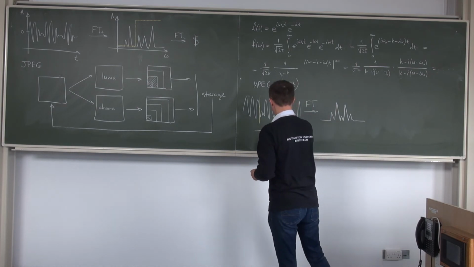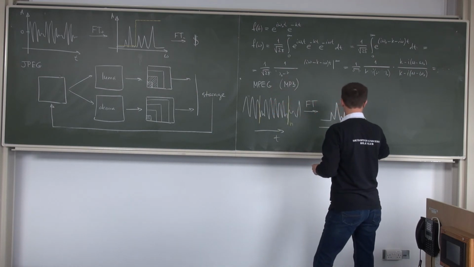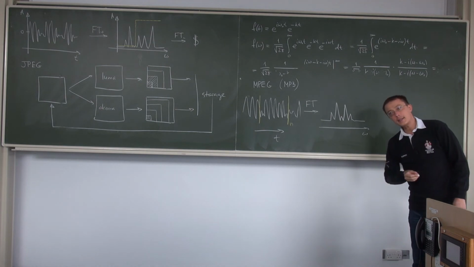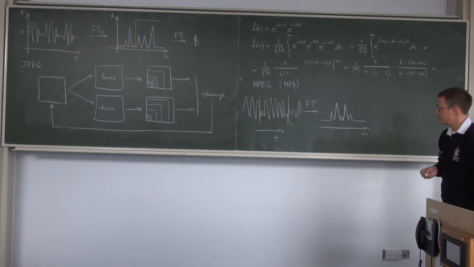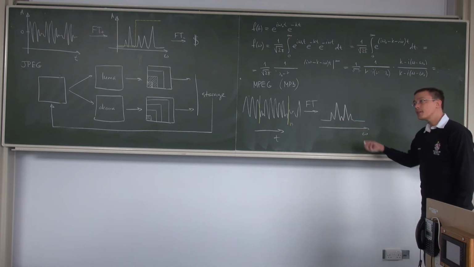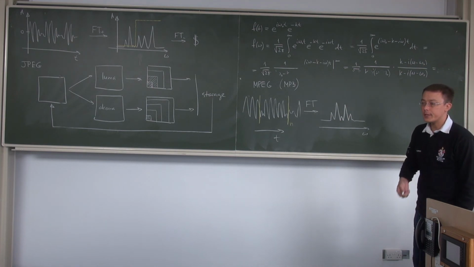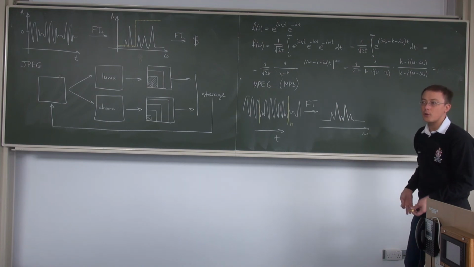So here, this was time, here, this is frequency, and it applies quite a lot of heuristics to this. If a particular frequency is very quiet, your ear is not going to hear it. Zero it out.